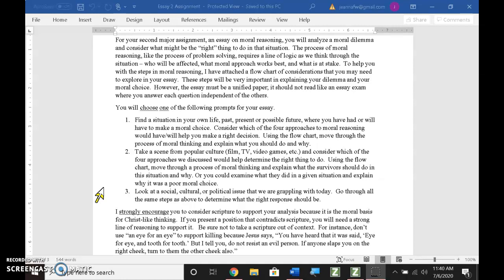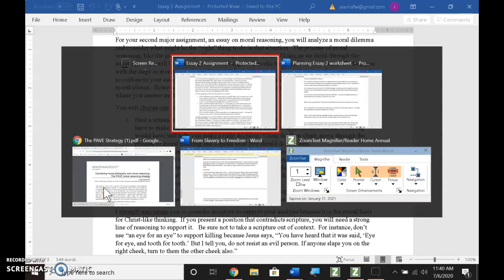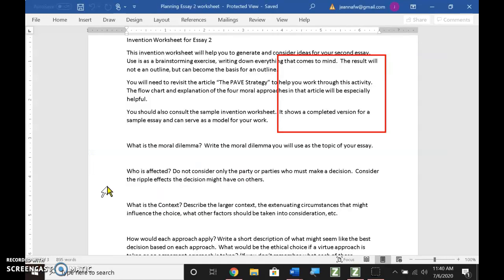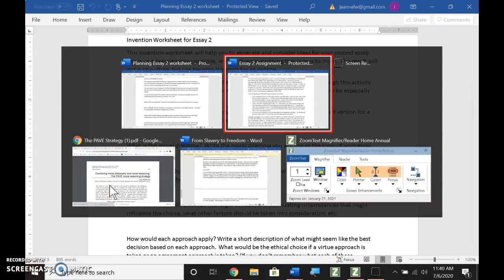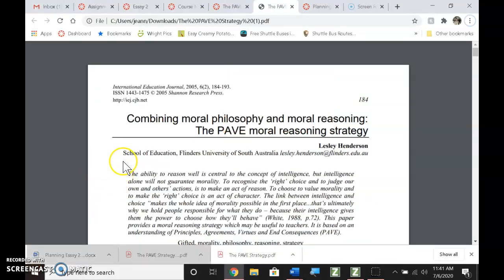And what I want to encourage you to do is to go back and revisit the PAVE strategy article. You can find this in files, you can find it in modules. You should have read it earlier in the semester, in the last couple of weeks, so this shouldn't be new to you.